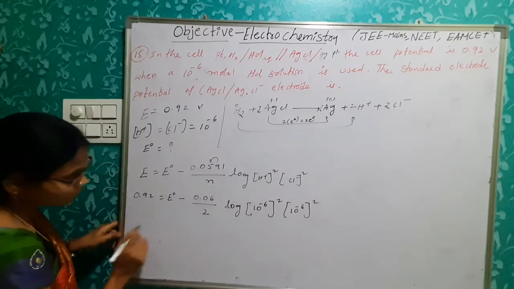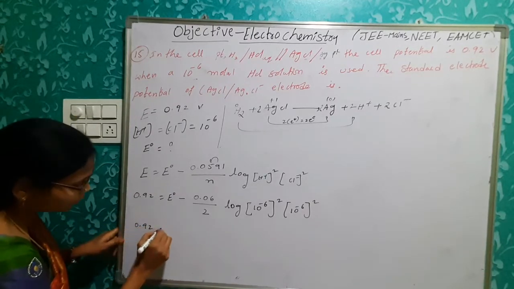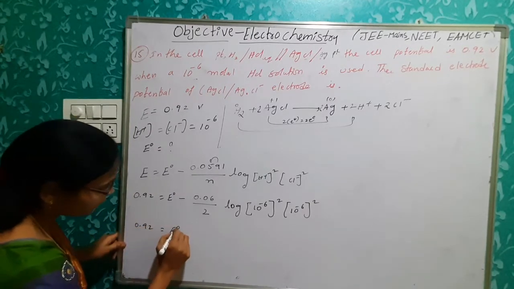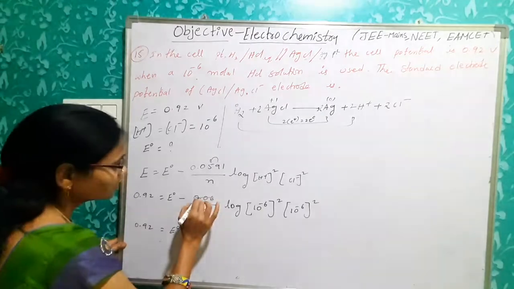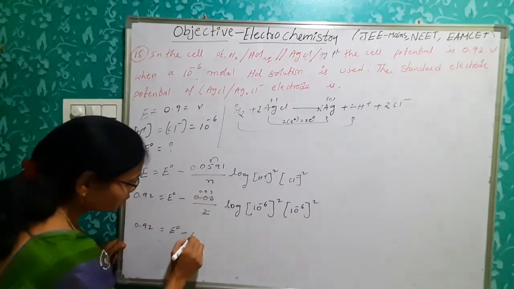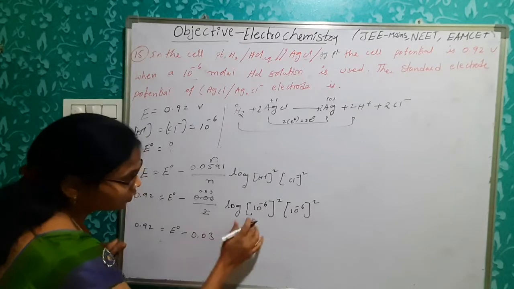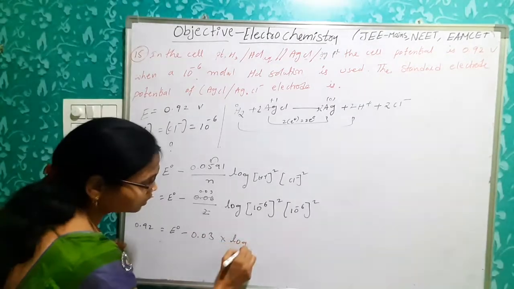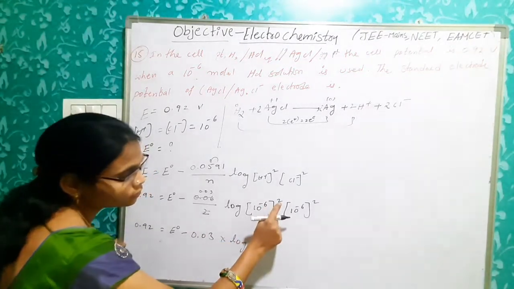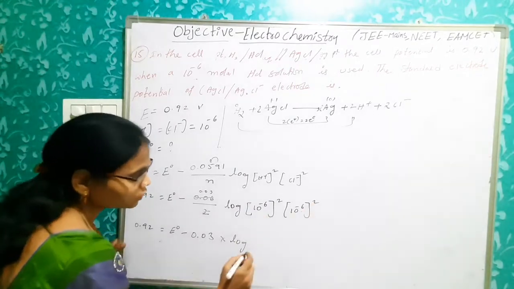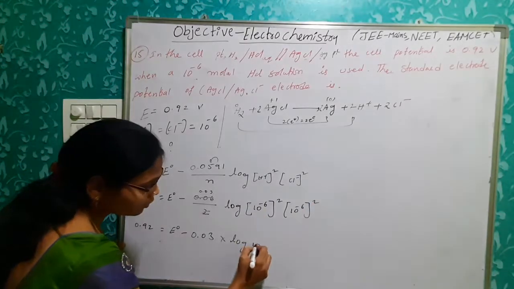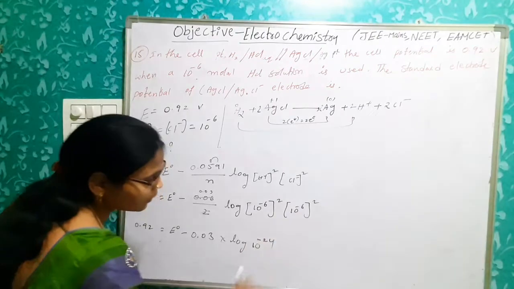Then simply here, 0.92 is equal to E naught minus 0.03 into log 10 power minus 6 squared, which is 10 power minus 12, times 10 power minus 12, so 10 power minus 24.